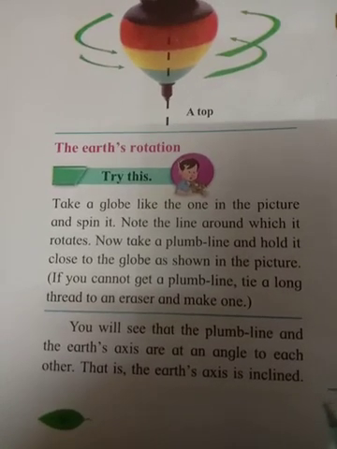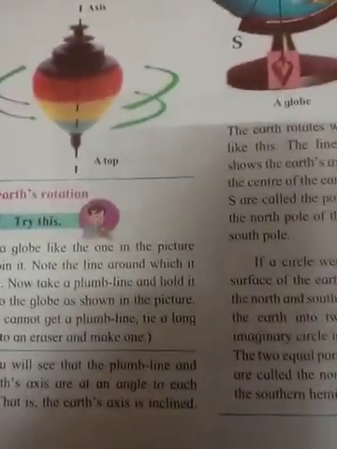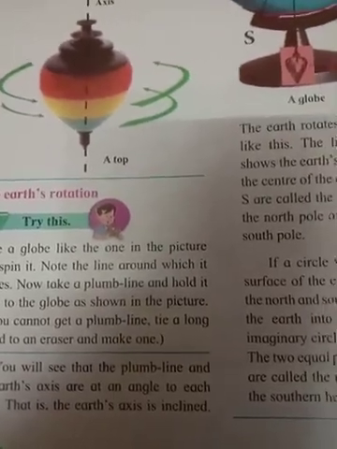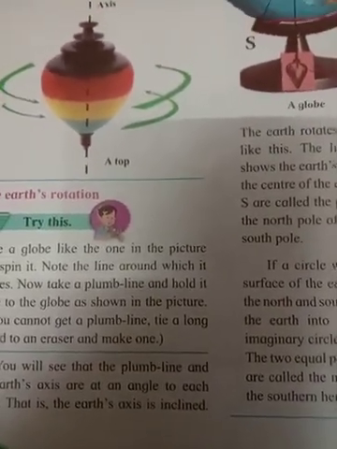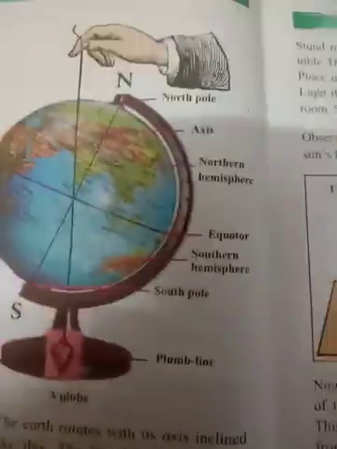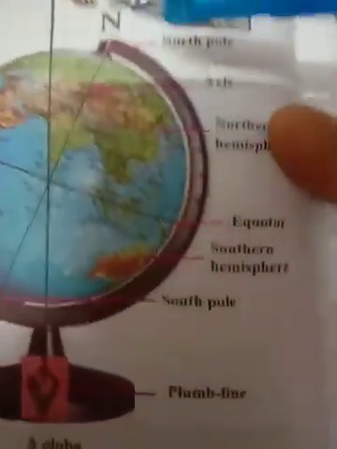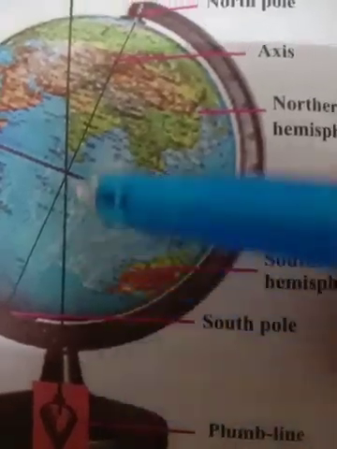Now take a plumb line. Now children, what is plumb line? Plumb line is an instrument that is used by people who are in construction work to find the level of the wall, etc. This is a plumb line.